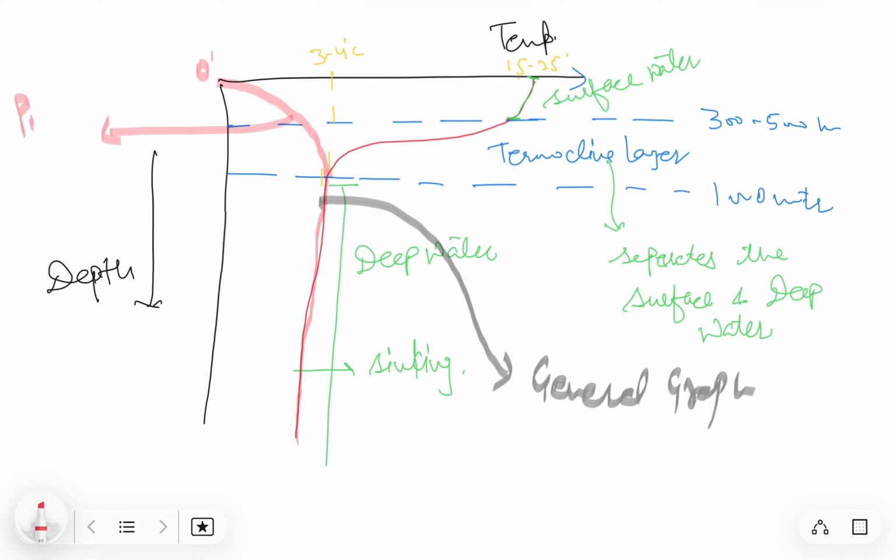So this will represent the poles. In the case of the poles, the surface temperature is 0 degrees Celsius. The temperature will start increasing till the thermocline layer, and after that there is a constant temperature.